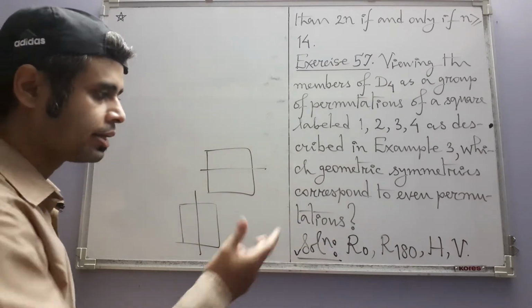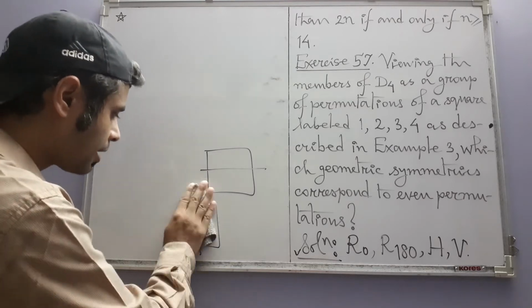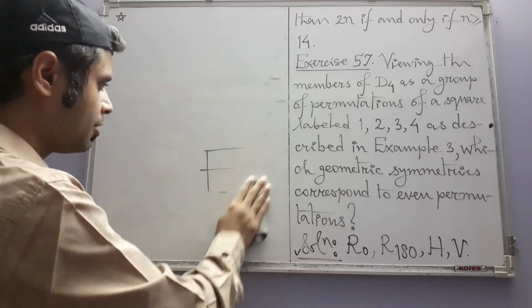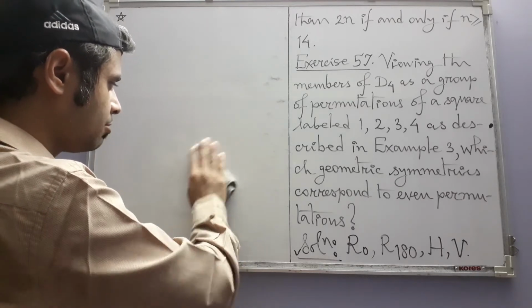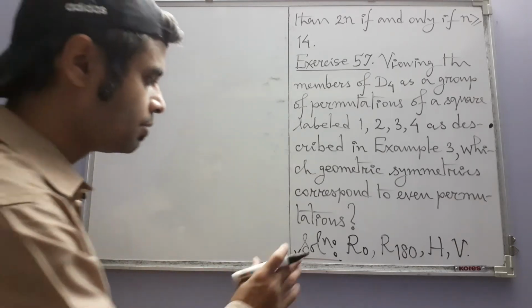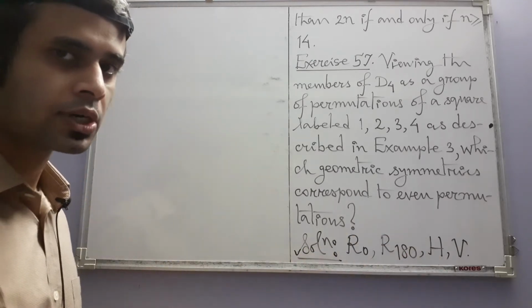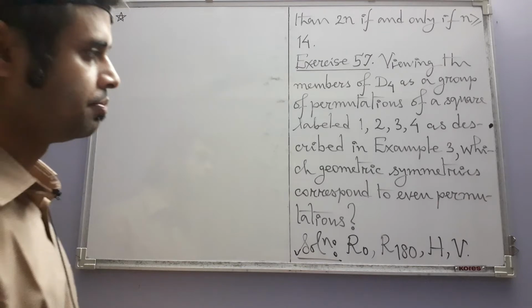So this is more like a hint, but the writing part I am leaving to you, and I am leaving many things to you because by now you have seen many of the solutions. So it would be a nice exercise for you to start writing the things on your own.